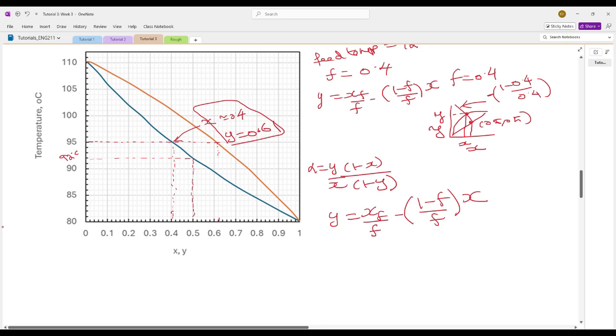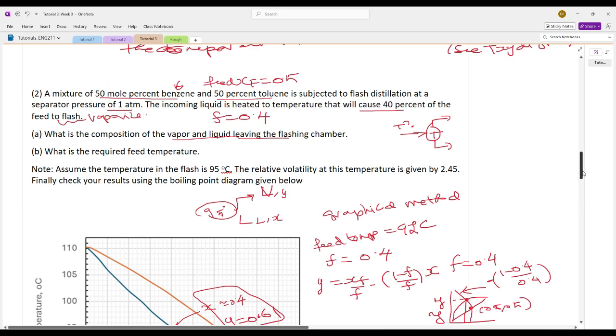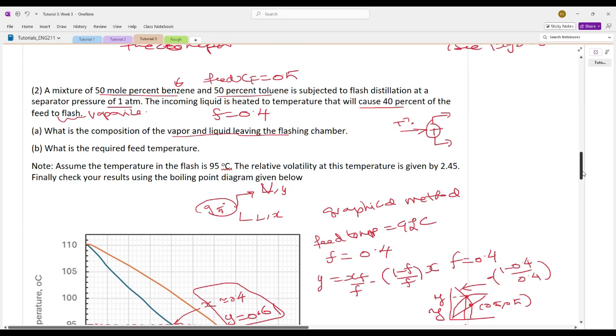What I'm going to do is multiply both sides by f, and then take x on one side. So we have alpha is equal to 2.45.